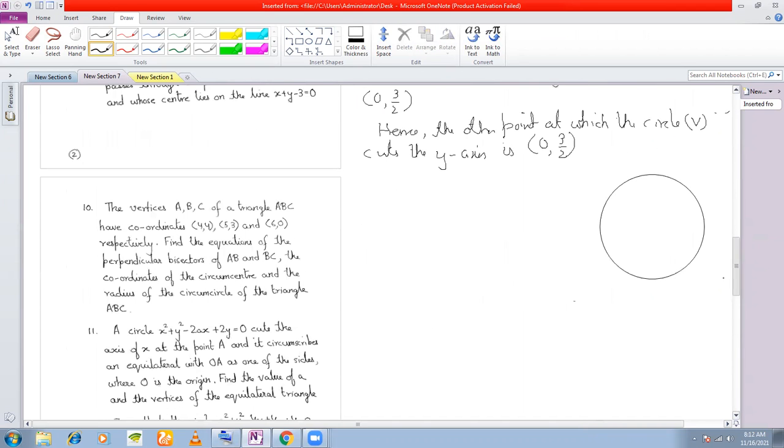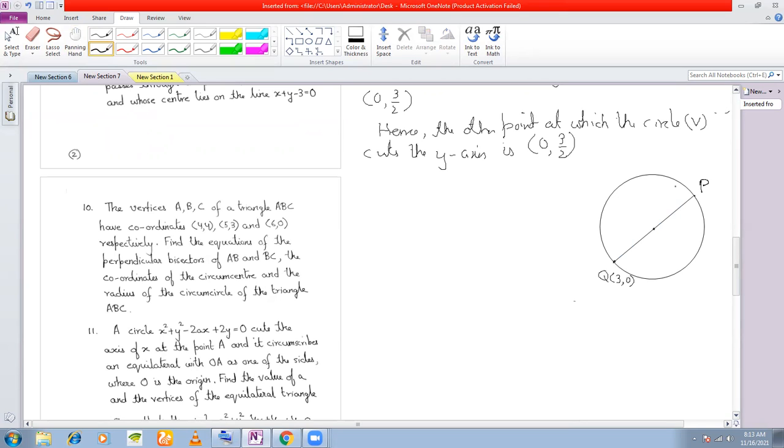So let's say 3, 0 is one point on the circle, here. And let's say this is your center. You have to find out the coordinates of the other end of the diameter. That means you have to find out the coordinates of P.